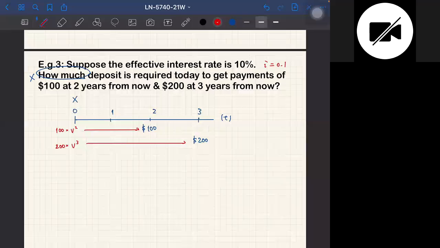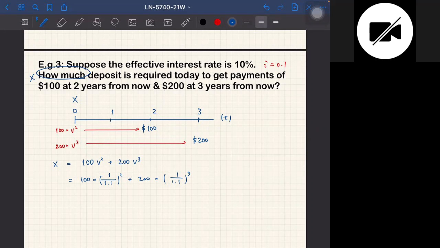So that means the X amount we should have today is equal to 100 times V squared plus 200 times V cubed. What is V? V is 1 over 1 plus I, and I is equal to 0.1. So that means 100 times 1 over 1.1 squared plus 200 times 1 over 1.1 cubed.